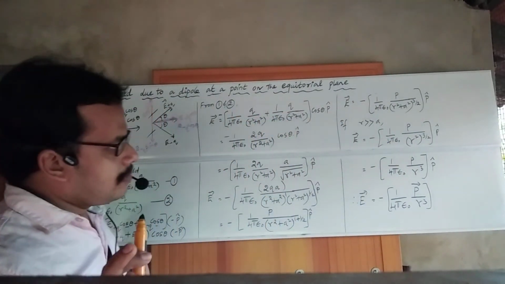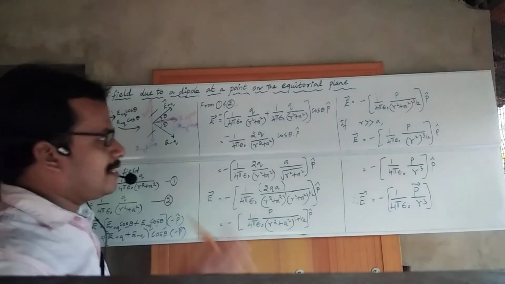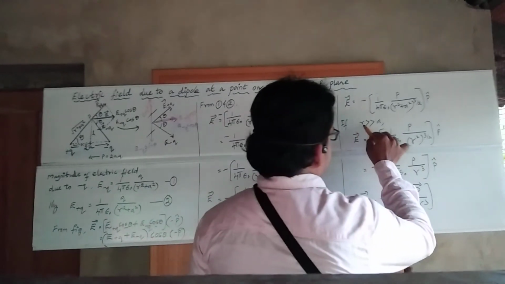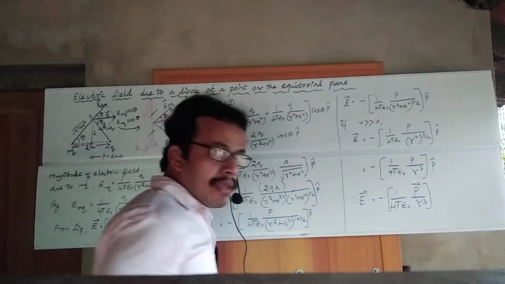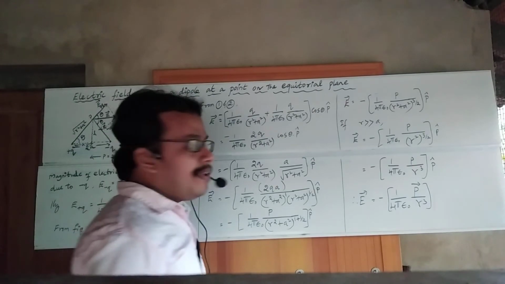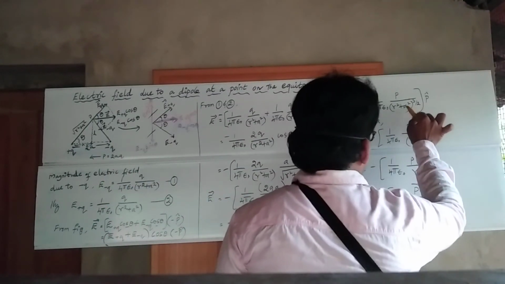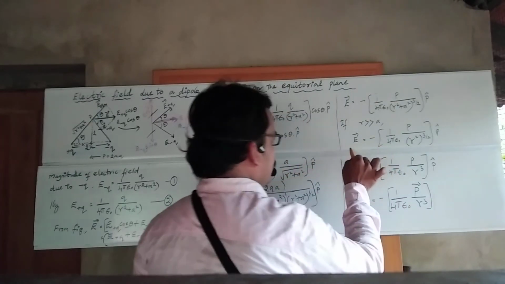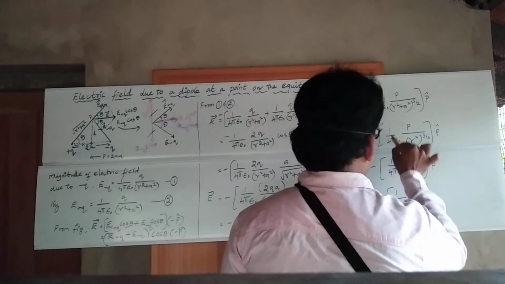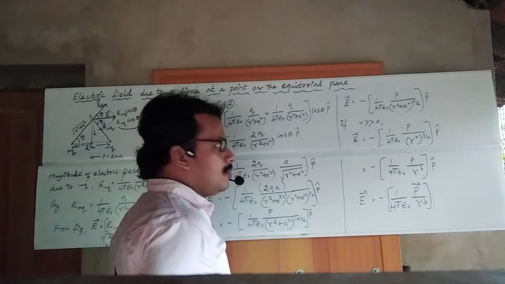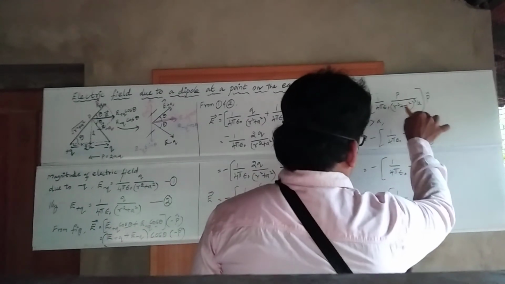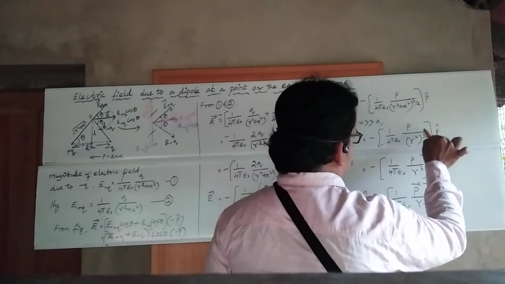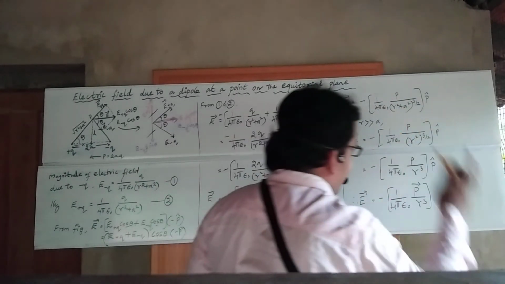Now we are applying physics. We are neglecting something by giving the reason that if r is very much greater than a, we can neglect a here. So the next step we can write E equal to minus of 1 by 4 pi epsilon naught P by, a is neglected, so what is remaining is this R square only, R square to the power 3 by 2 into P cap.